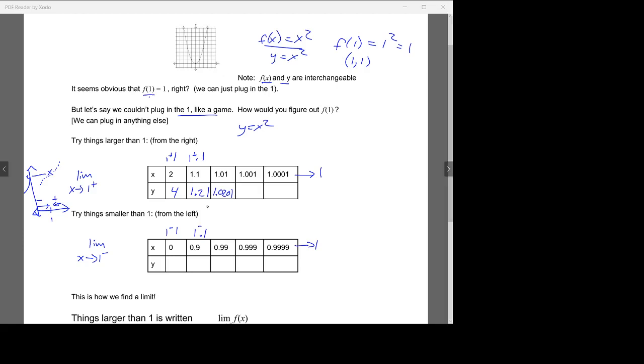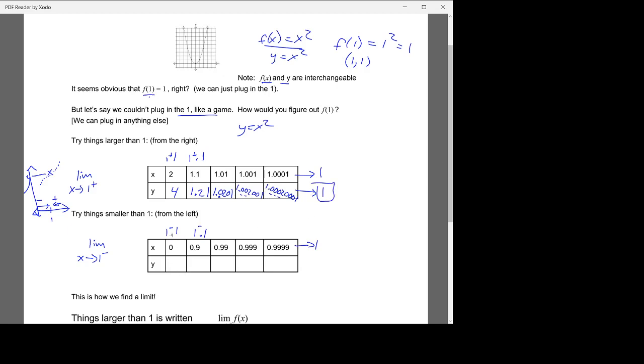So 1.002. Do you see the pattern? The next one, without even the calculator, you see there's going to be 3 zeros. And these are getting closer and closer to 1. So just look at the digits here. There's 1.2, 1.02. There are the 0s again. There's the 0s and another 0. So it's getting closer and closer to 1 here.